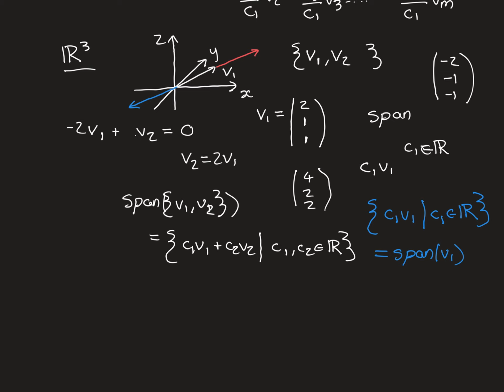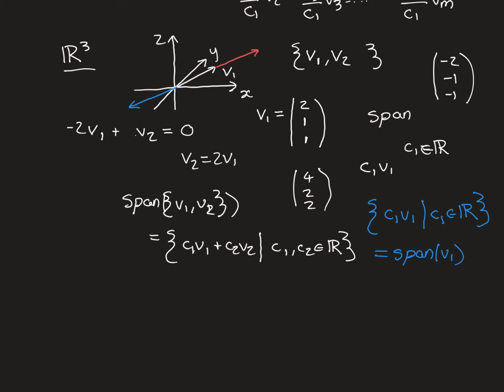So because this one can be written as a linear multiple of the other one, i.e. it's linearly dependent on it, that can then be rearranged into this equation to give us a non-trivial linear combination of the overall set of vectors, giving the 0 vector.